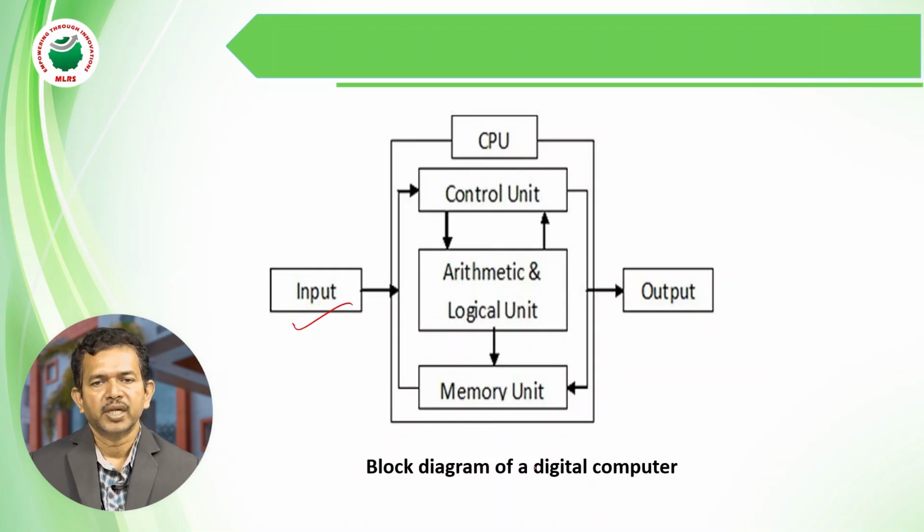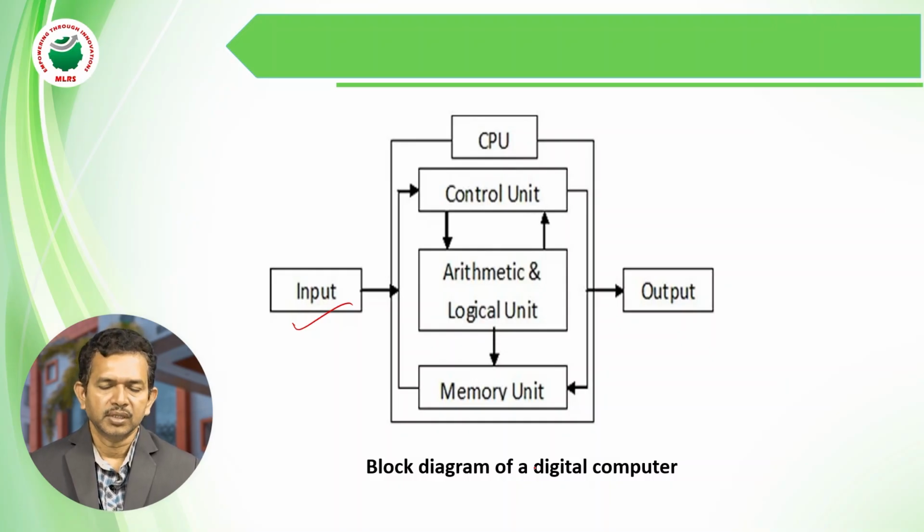Once a copy of the data is made in the memory unit, the data then goes from the memory unit to the ALU. Without making a copy in the memory unit, it doesn't transfer the data to the ALU. So who takes care of all this processing of data from one component to another?